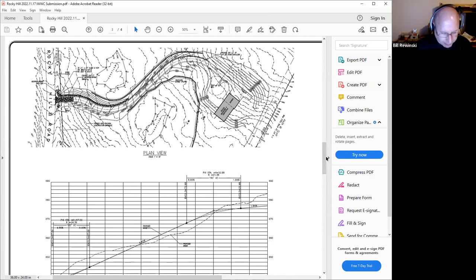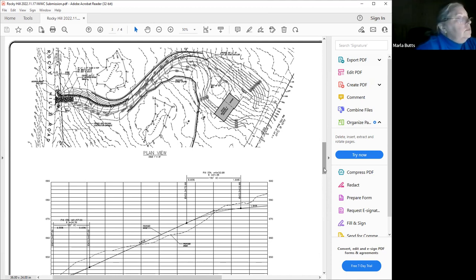Exhibit G. Okay, of the application. Yes, let's see, where is it? Rocky Hill application. Well, that's on behalf of Shane Pollock. He's not the owner. I'm looking for the signature of the owner to grant permission by the commission to enter onto the property.